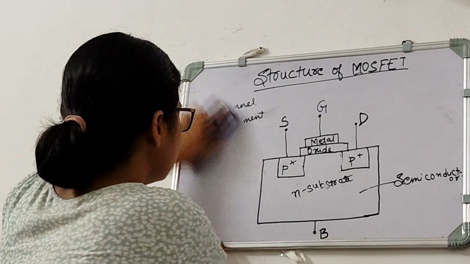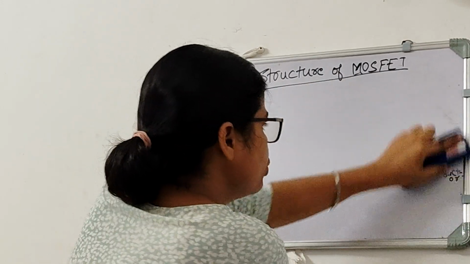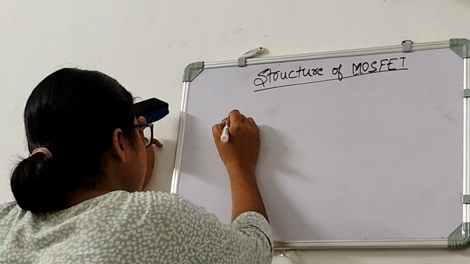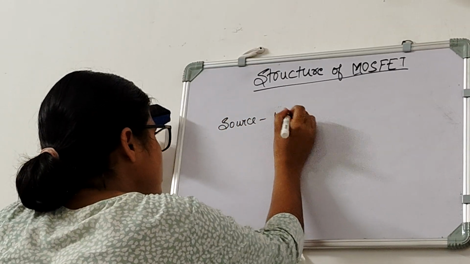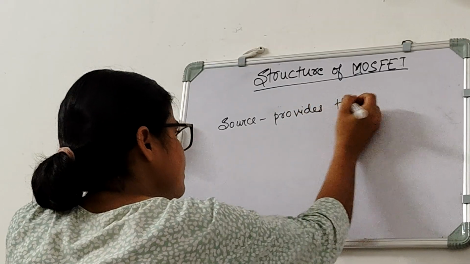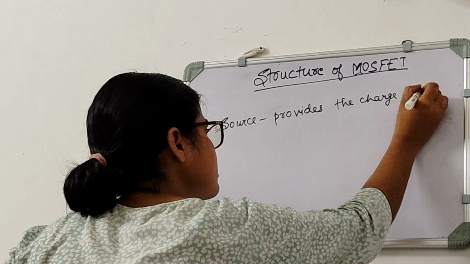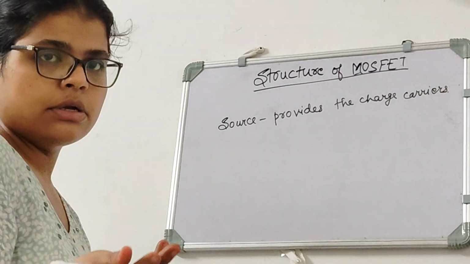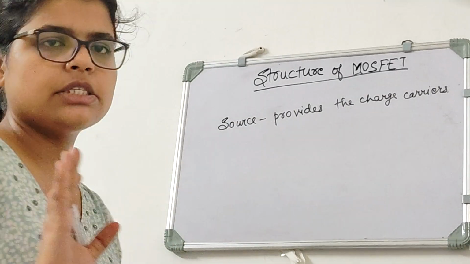Now further we will study about source, drain, gate and channel. Like, source provides the charge carriers. And these charge carriers can be holes or electrons depending on the type of MOSFET we are studying.